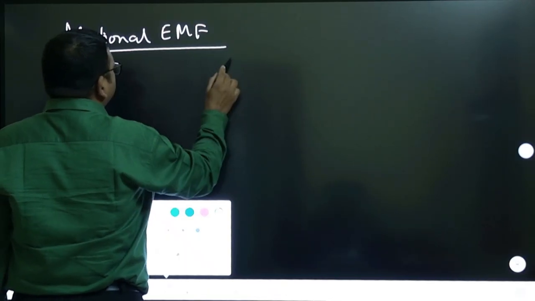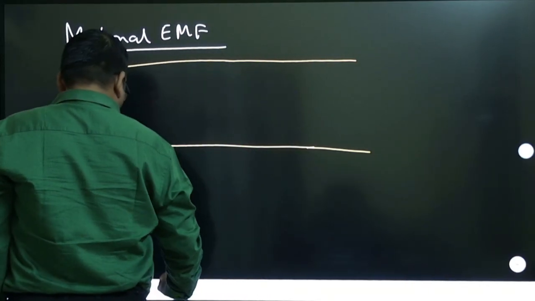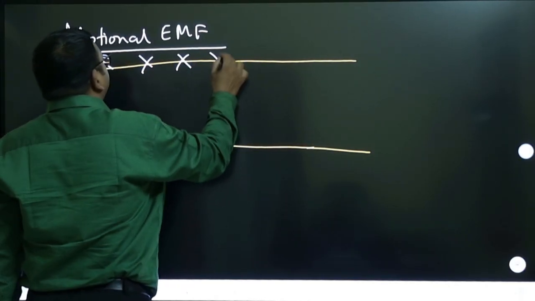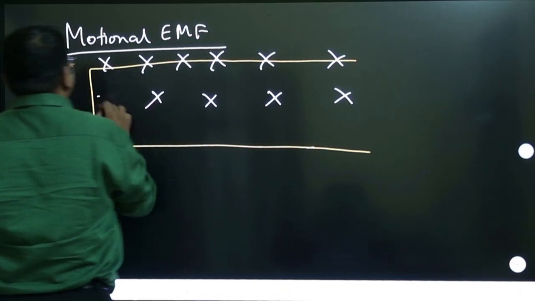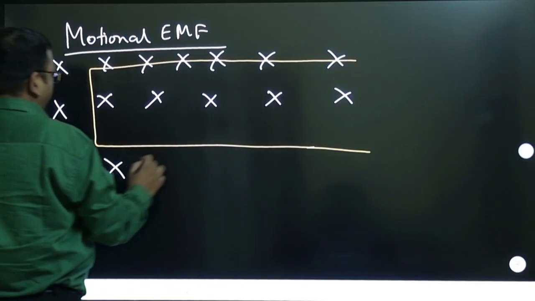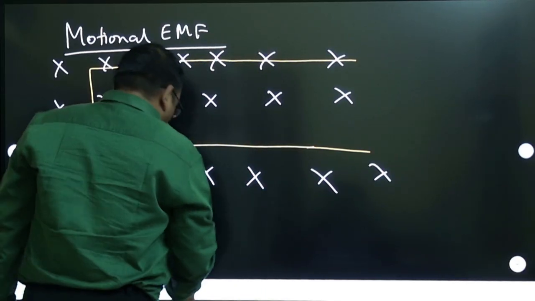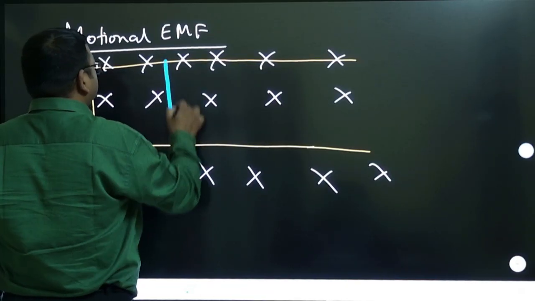So in motional EMF, what happens is that, let us say, for example, that this is a frame and there is a magnetic field which is perpendicular like this, and there is a conductor.